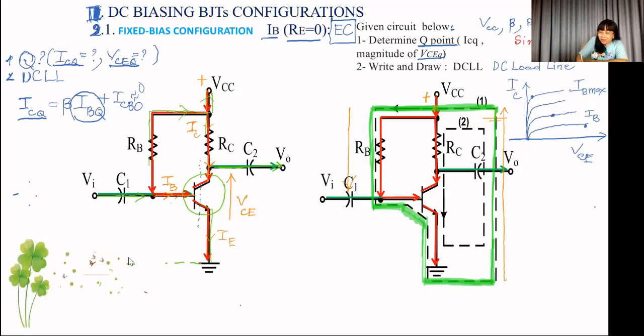And we have the voltage between base and emitter, right? I put the arrow in positive, and this is the arrow in this side, in direction from the down to the up.